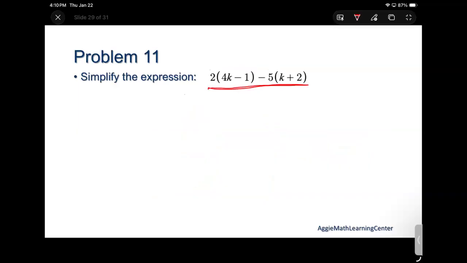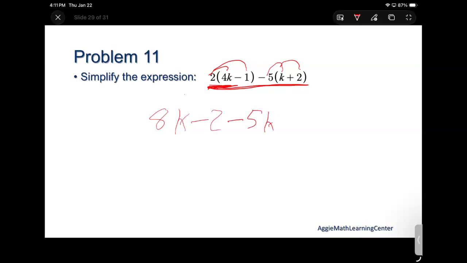Okay, what are we gonna do here? What should we do first? Distribute, yes. Okay, what's 2 times 4k? 8k. And then what's 2 times negative 1? Minus 2, okay. Now we have a negative 5. What's negative 5 times k? Negative 5k.